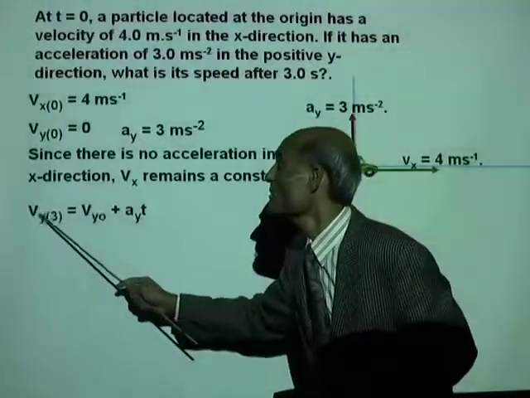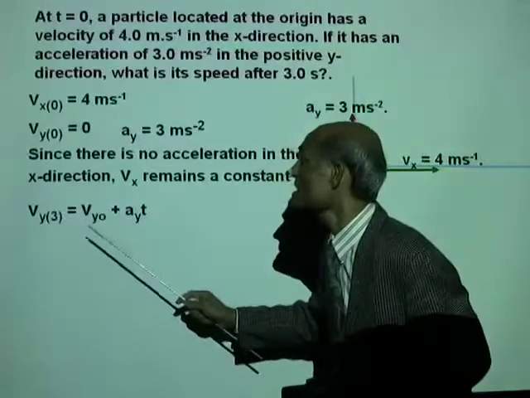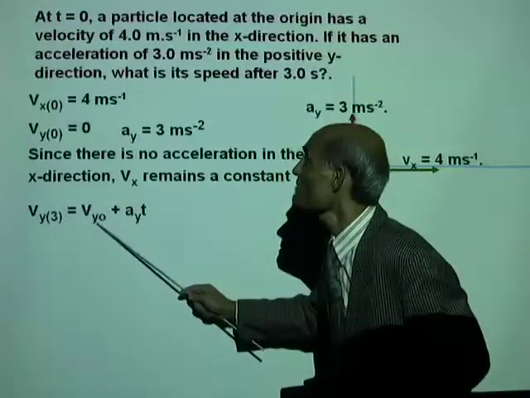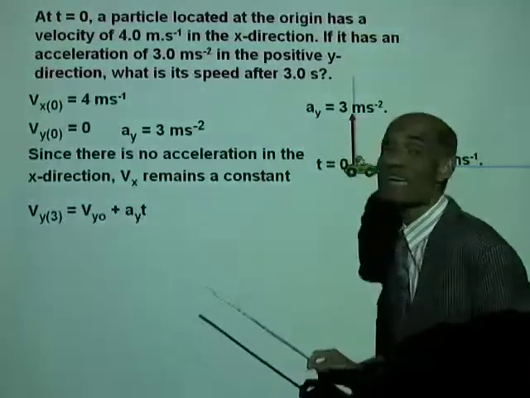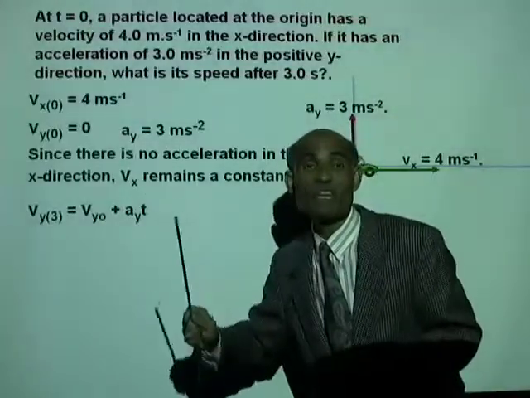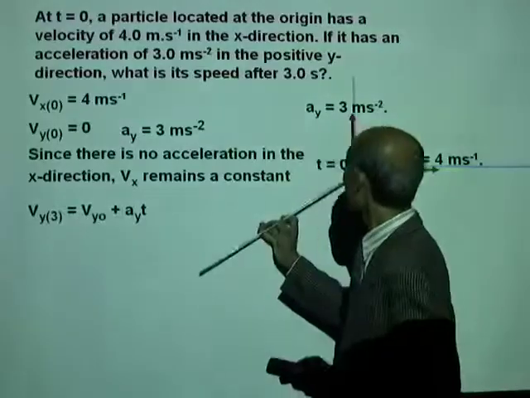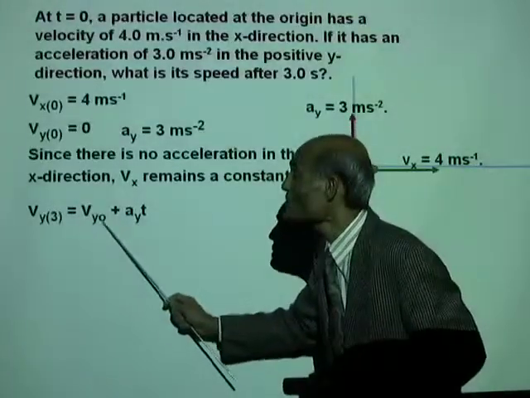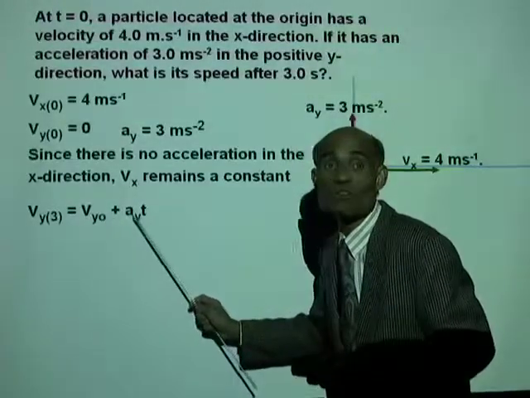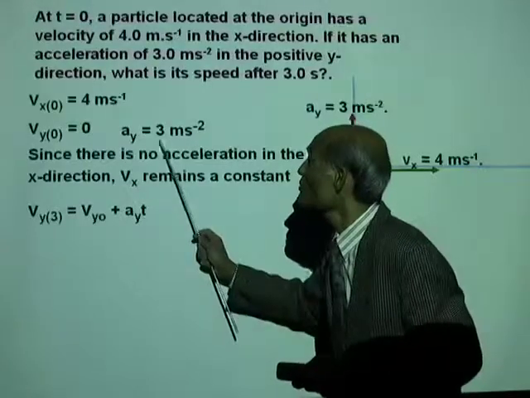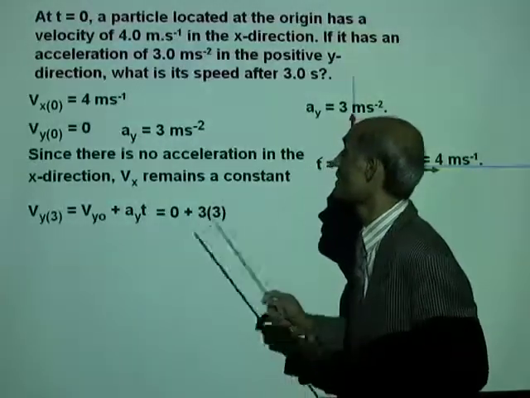So we say Vy after 3 seconds is Vy0 plus at. Is that right? V equal to V0 plus at. So in the y direction, Vy0 initially is 0. Acceleration is 3 meters per second squared.